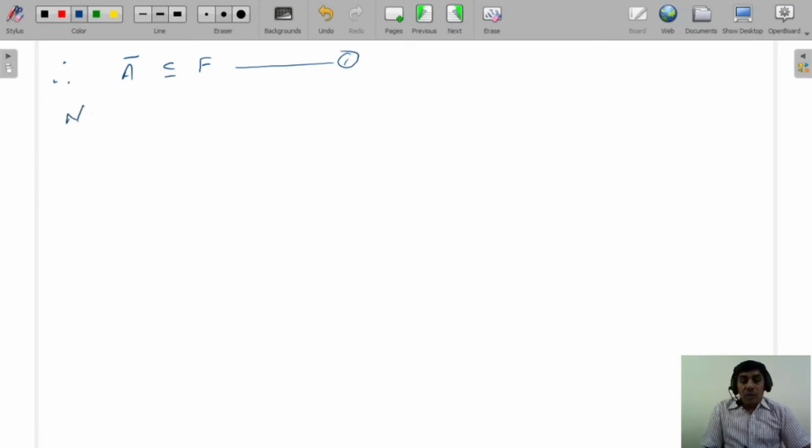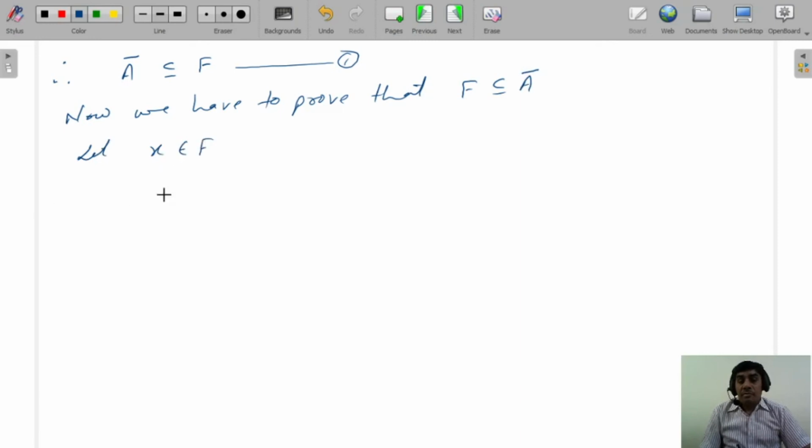Now we have to prove that F is contained in A closure. Let x belongs to F, then x belongs to F lambda for every lambda belongs to indexing set.